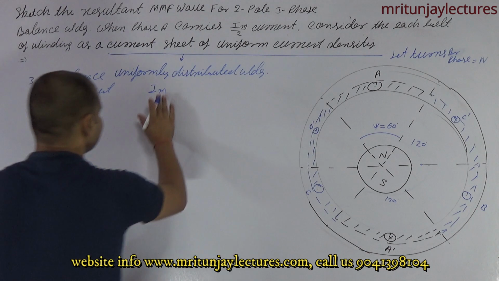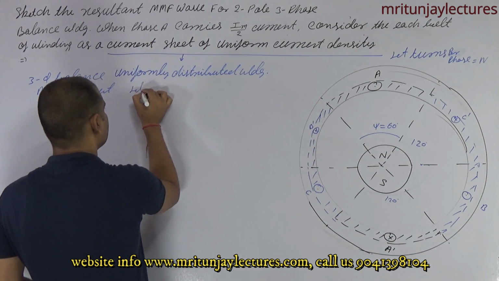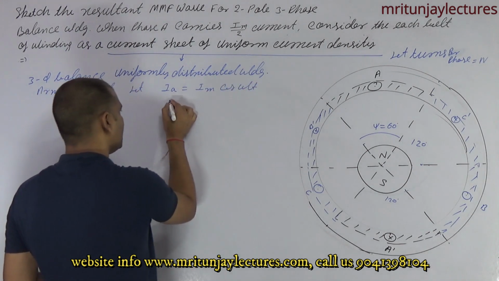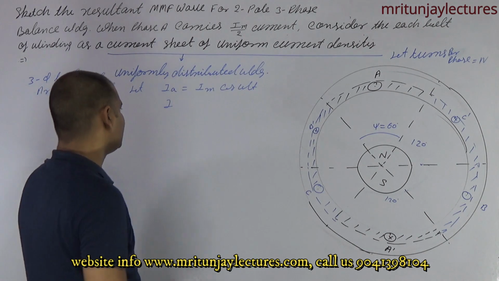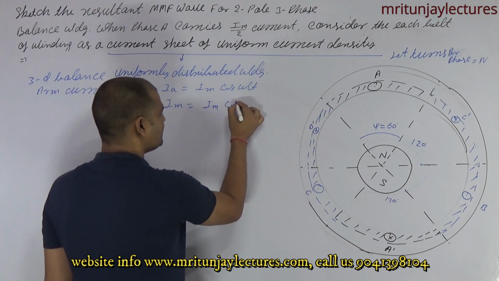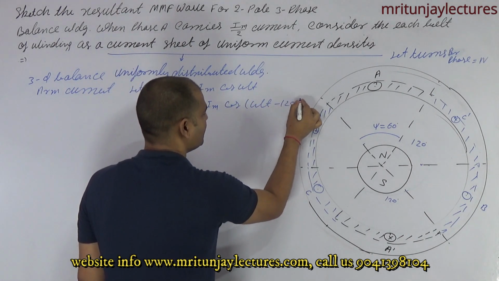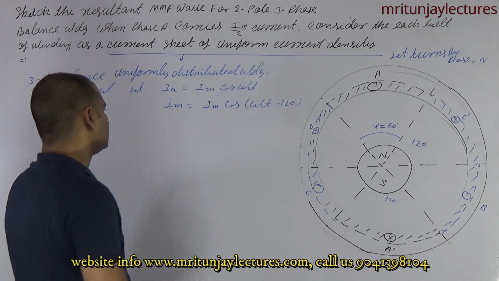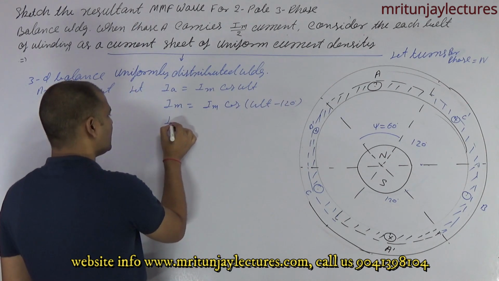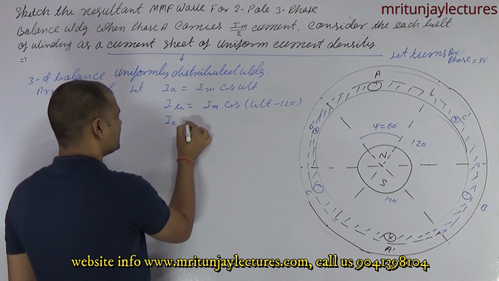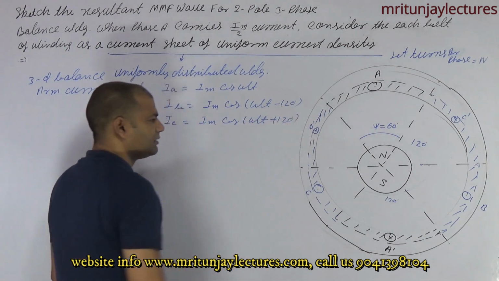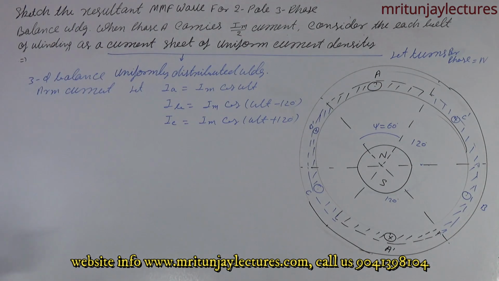Suppose that, let us consider IA equal to Im cos omega t, and IB equal to Im cos of omega t minus 120. The magnitudes are the same, and the phase is shifted. And now the last one, IC, is written as Im cos omega t plus 120. It is clear.